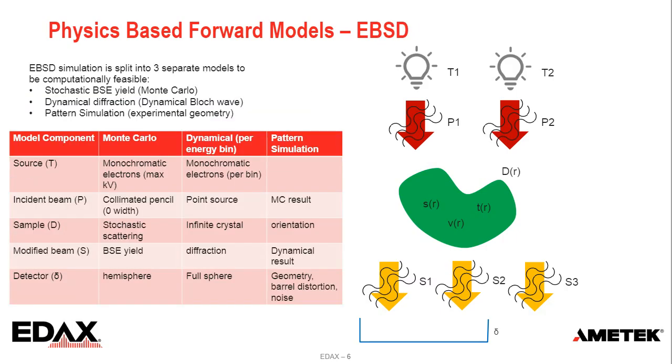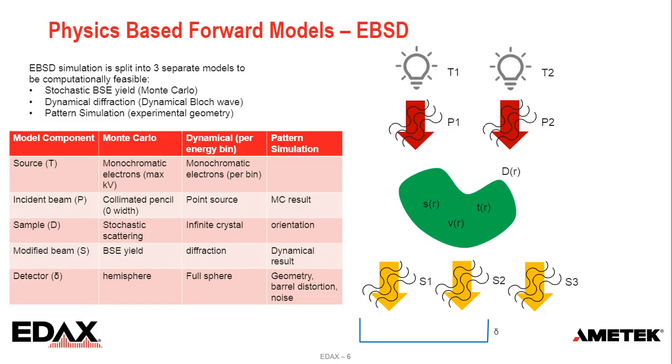So EBSD is a slightly more complicated problem, but it's exactly the same framework, with the slight complication that because it is a more intense process to simulate, to make it computationally tractable, in the formulation used in EMSoft, which is what Matrix uses, it's split into essentially 3 separate forward models.